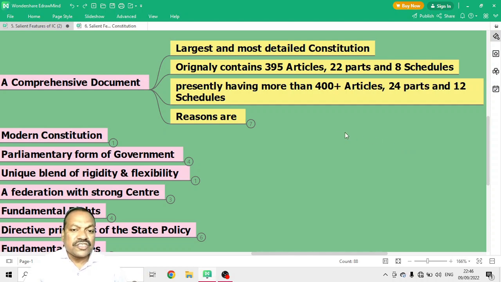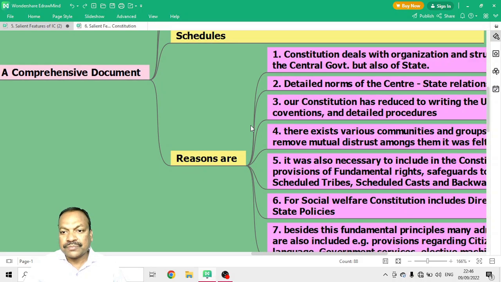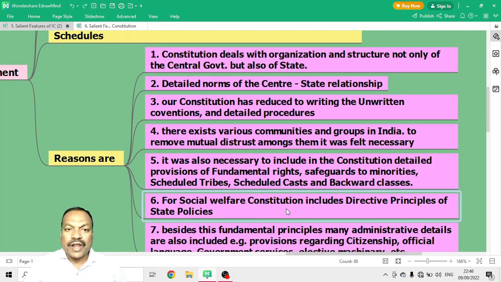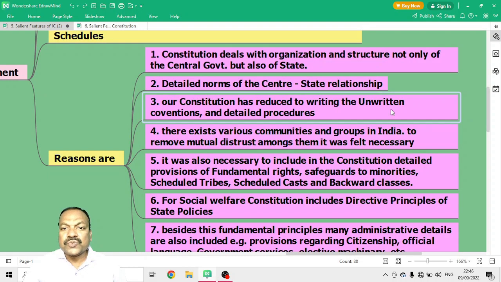Now, there are certain reasons why our constitution is the bulkiest and most detailed constitution. Number one, our constitution deals with the organization and structure not only of the central government but also of the state. Secondly, our constitution consists of detailed norms of center-state relationship.